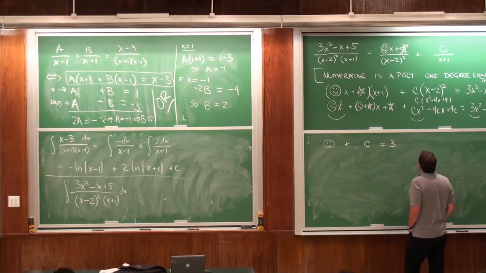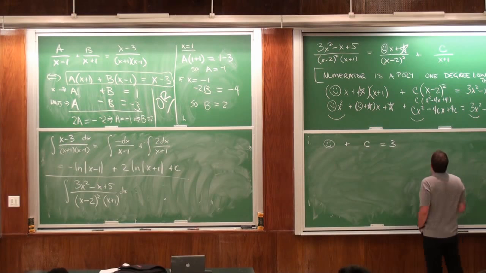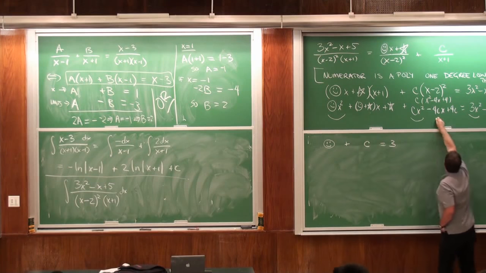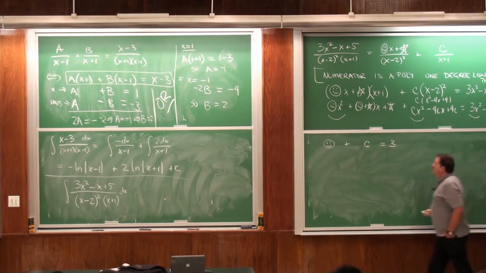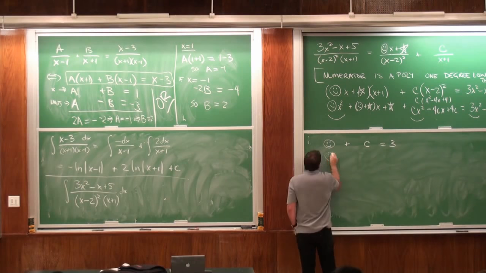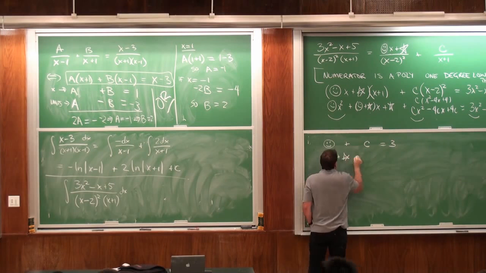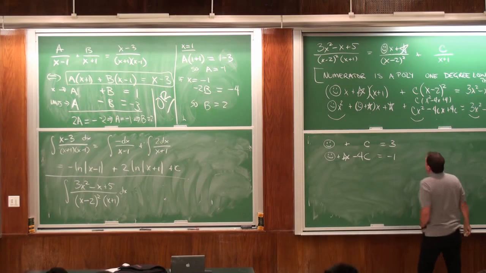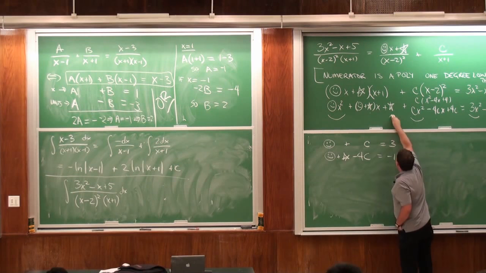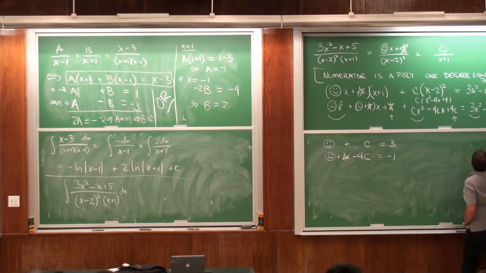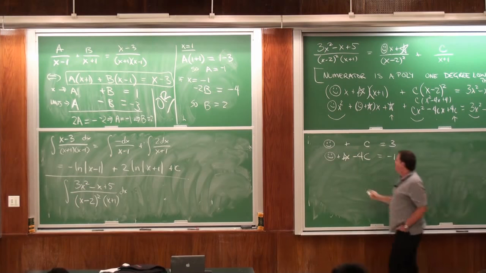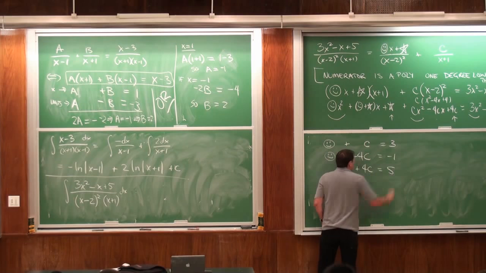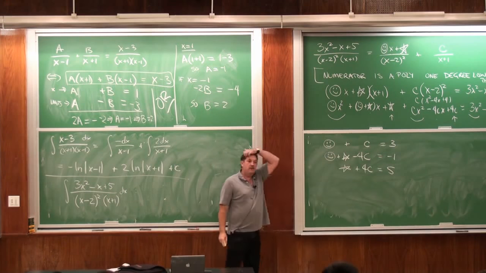And the x's tell me that smiley plus star minus 4c equals minus 1. And then from the units terms, I get that star plus 4c is 5. And so now I have to solve these things all together.